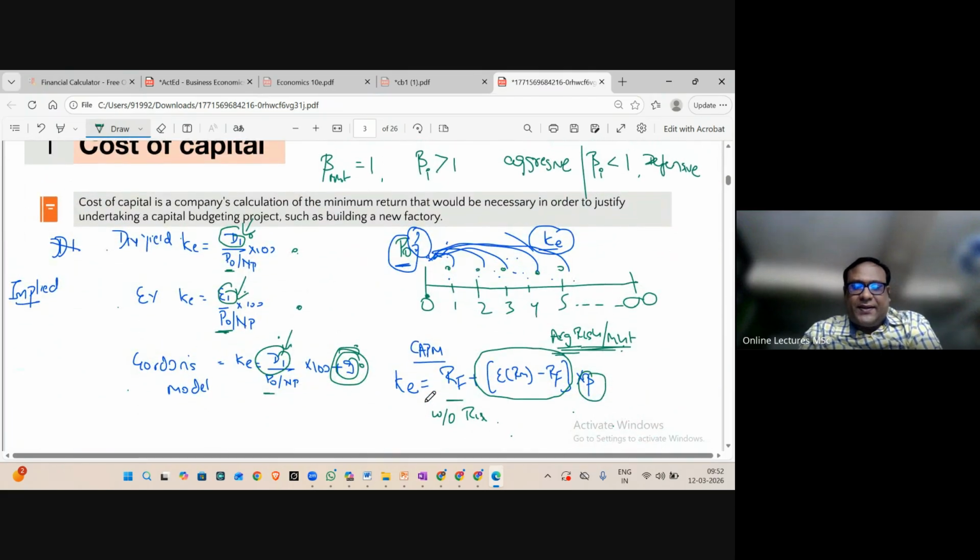So beta of market is taken as 1. Beta of aggressive securities is greater than 1. All good?